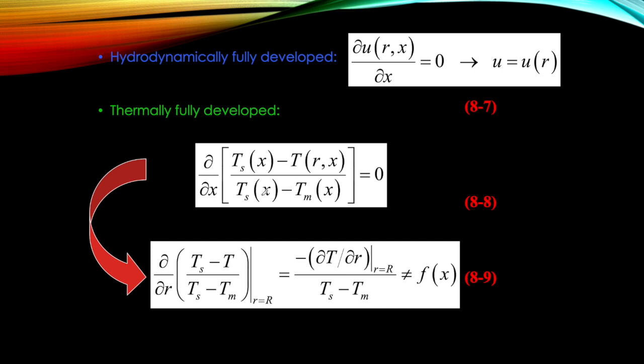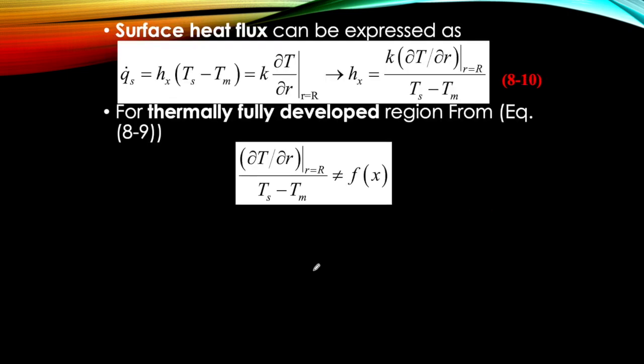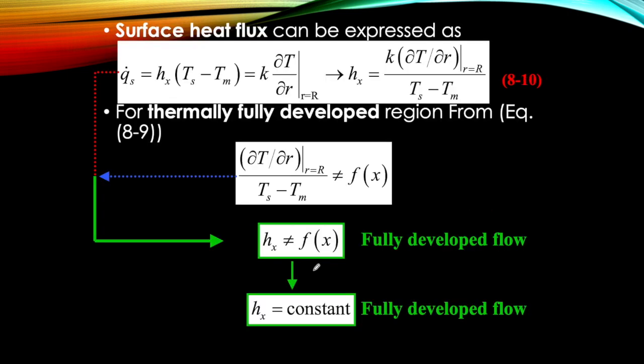we know that as x increases, it is much easier for you when we do some integration and derivation. We know that the hx, heat transfer coefficient, is constant for fully developed flow.